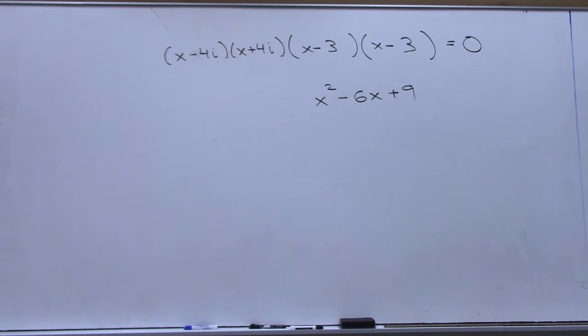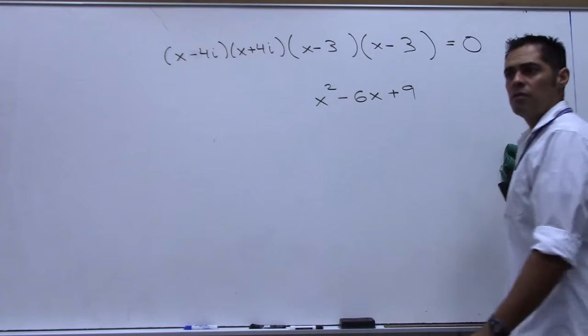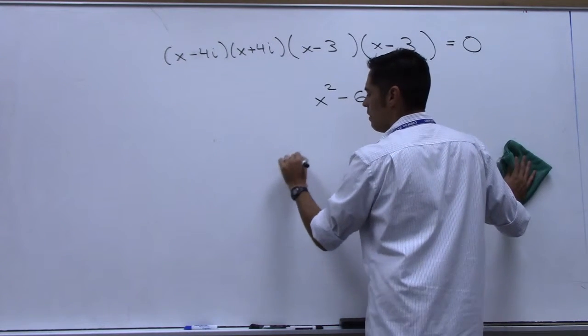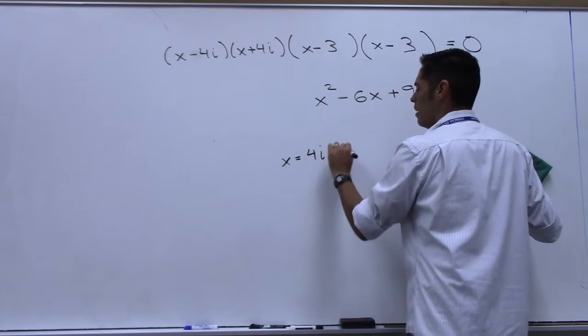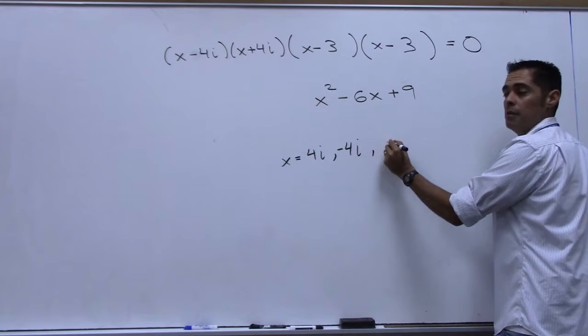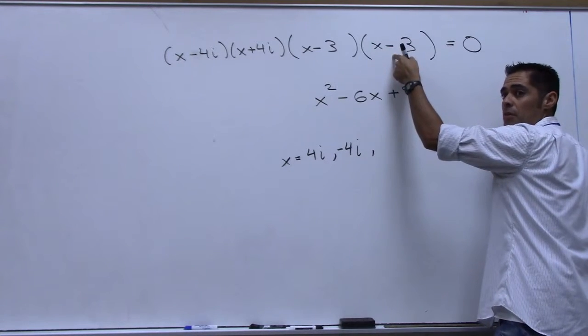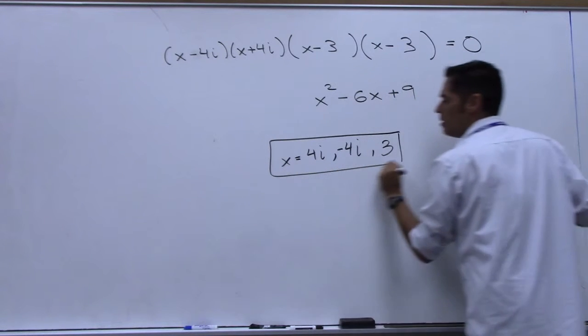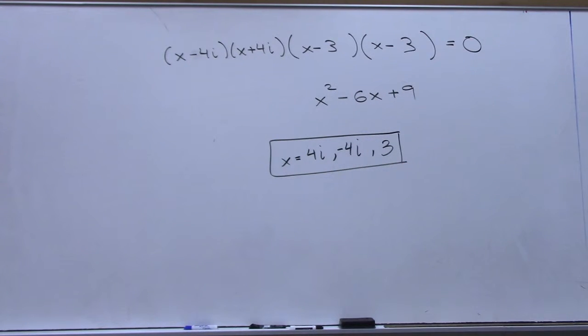So we have a repeating factor, but we have our solutions, right? The solutions to this are 4i, negative 4i, and finally, x minus 3 is the factor, so the solution is 3. Those are the solutions to that equation.